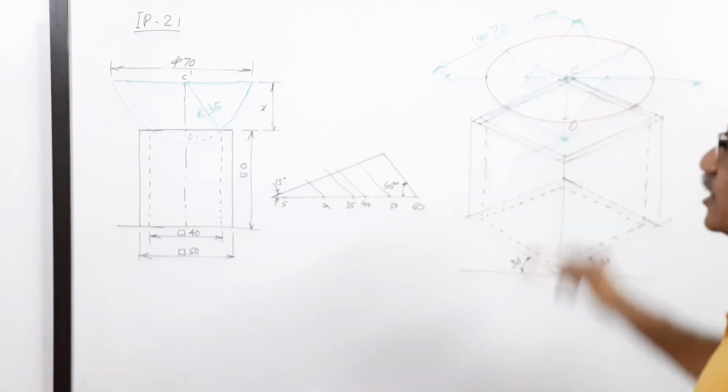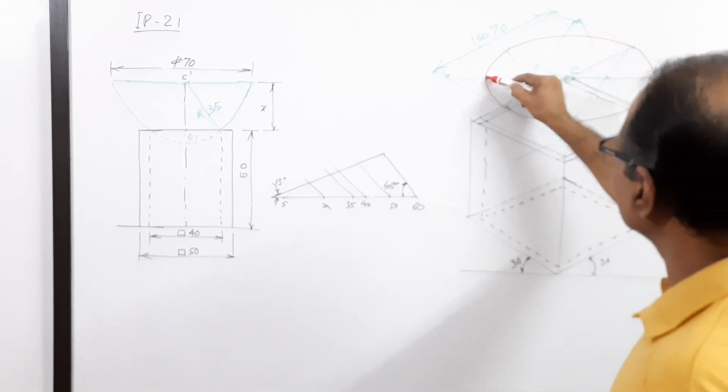How much is this? 70. Then this is center, this is radius, draw an arc.